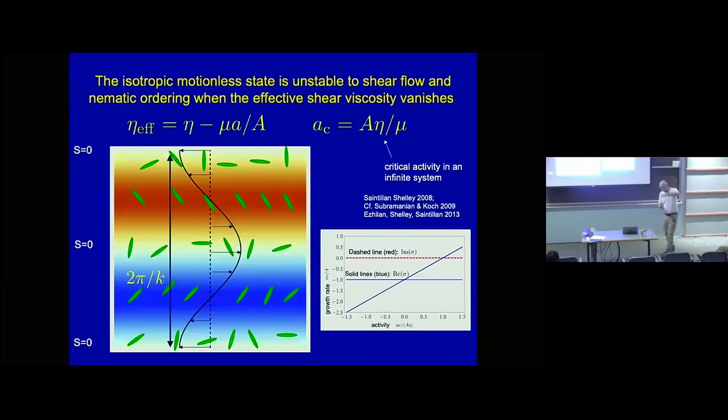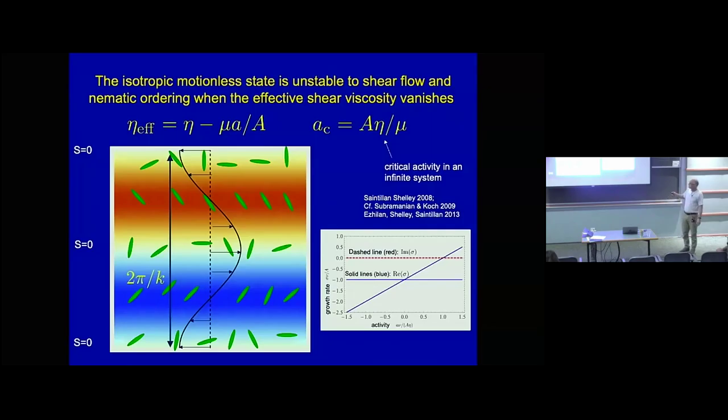So let's suppose those plates are very far apart. So I'm just going to imagine an infinite domain, and suppose we have a little perturbation of flow. So the base state here is that there's no order and no flow. So I'm not applying an external shear yet. And you have this little perturbation of the flow. And what will happen? Well, in the regions where there's a high amount of shear, the rods will align, like in this orange region, or the other way in the blue region, where there's not much shear here, they'll be more disordered.